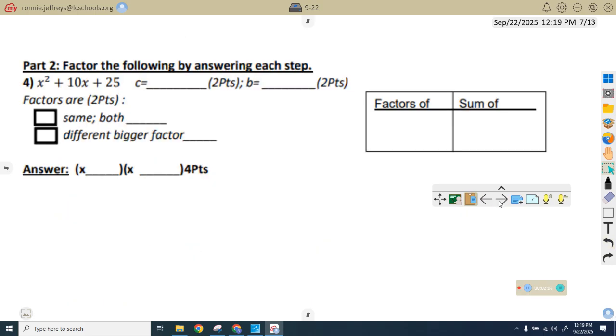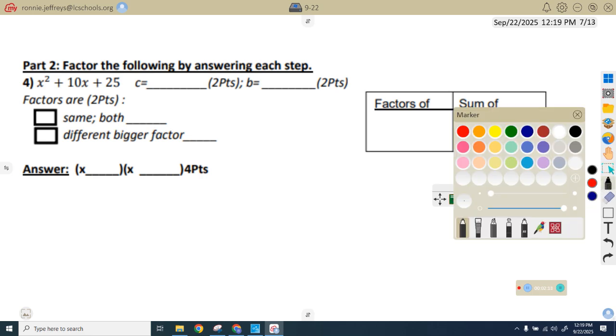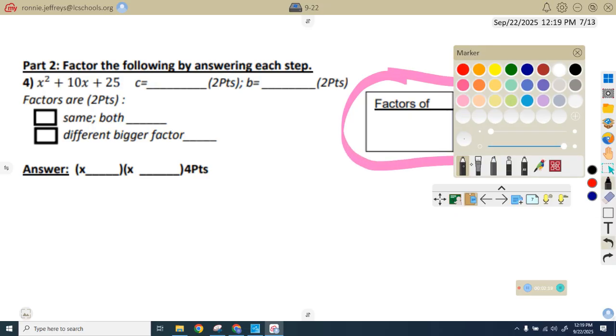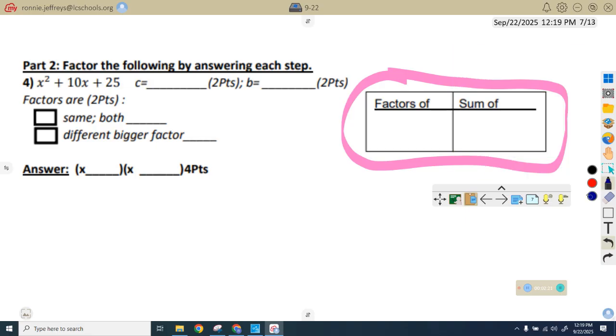All right, so this right here is not graded. That is just in case you need it. This other stuff over here is graded. That's why it's not graded on the right and graded on the left.